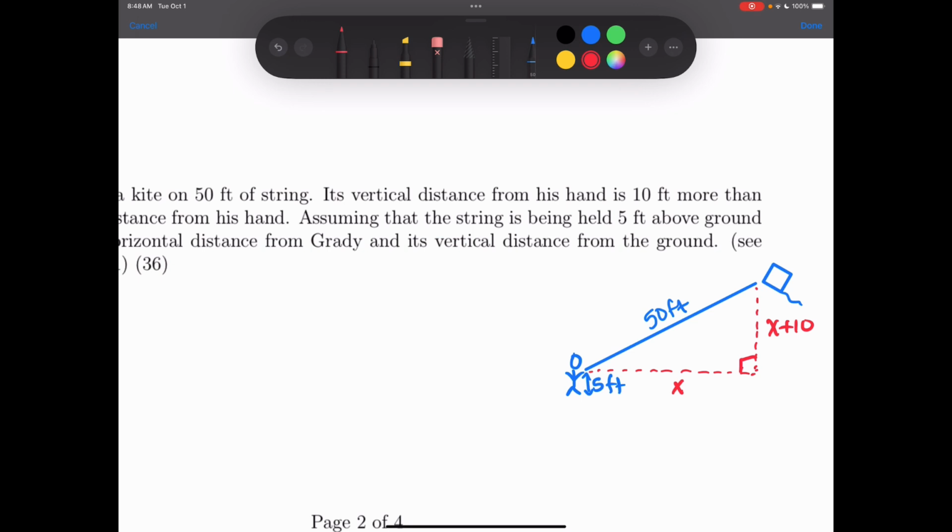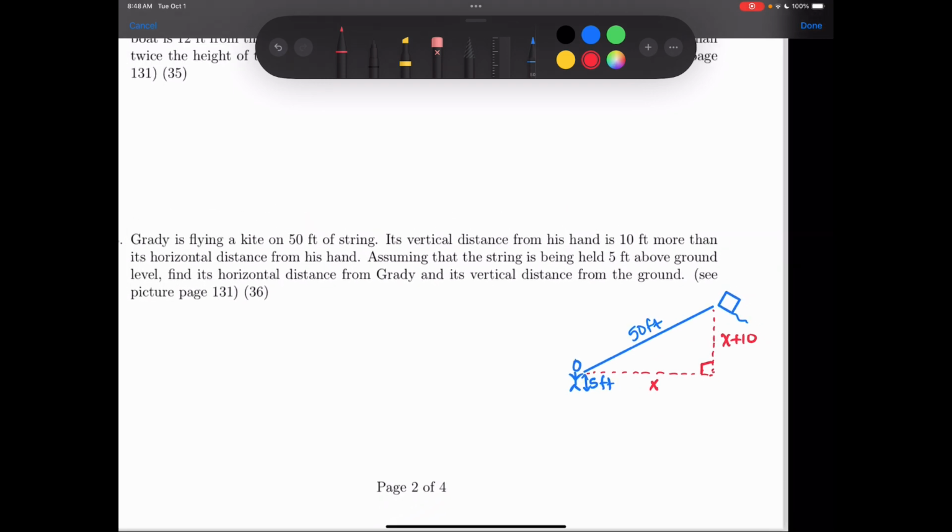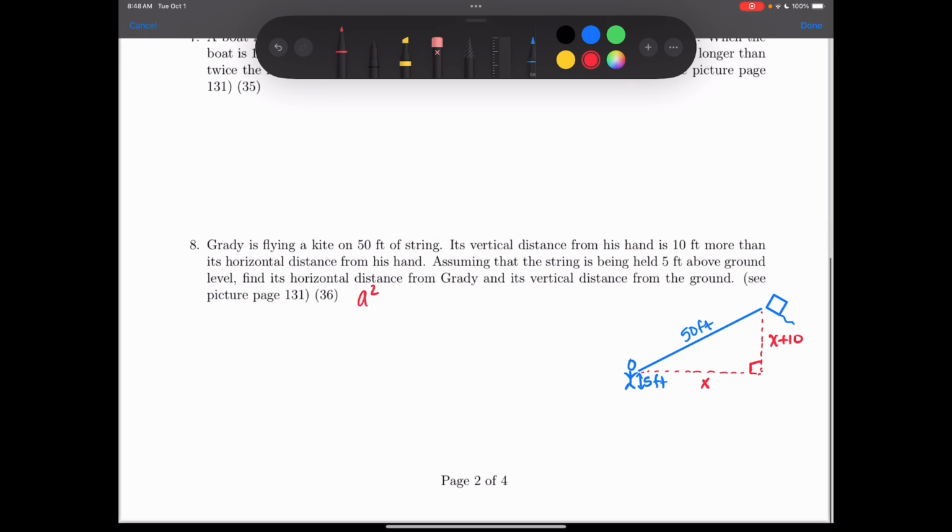Yep, the Pythagorean theorem, a squared plus b squared equals c squared. So I'll call this side A, side B, and side C just for the sake of this problem. C always is the hypotenuse, but A and B, it doesn't matter which one. So I'm going to use this Pythagorean theorem to solve this.